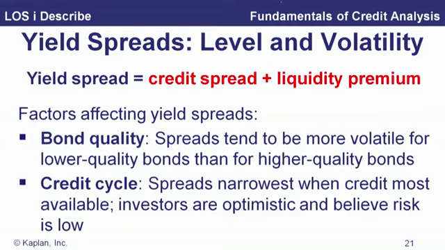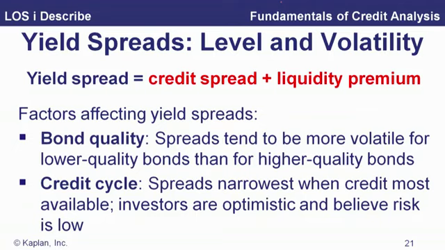Spreads tend to be more volatile for lower quality bonds than for higher quality bonds. That shouldn't be too hard to remember. Lower quality bond, more uncertainty, more volatility and bouncing around of the credit spreads, the spread to the risk-free securities or risk-free yield curve, depending on how it's measured.